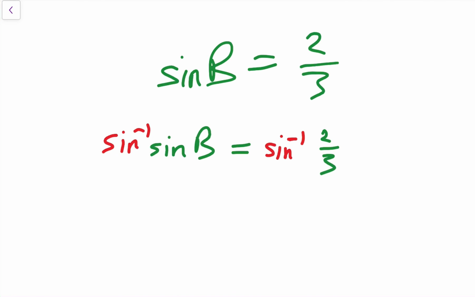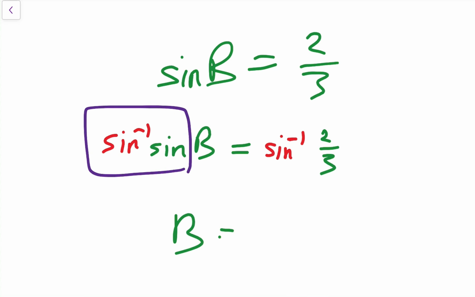On the left we don't have to do anything, they just cancel each other out, and we're left with B. On the right-hand side we go shift, sine, then stick in our fraction 2 over 3, close the bracket, and hit the equals sign.